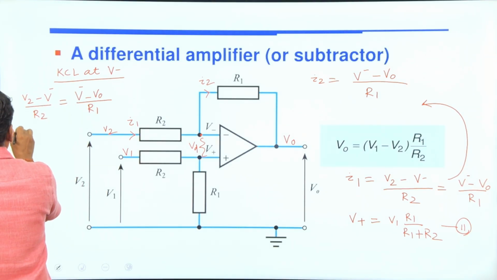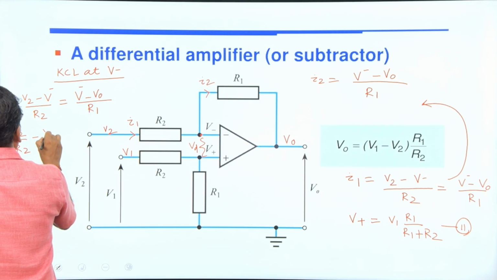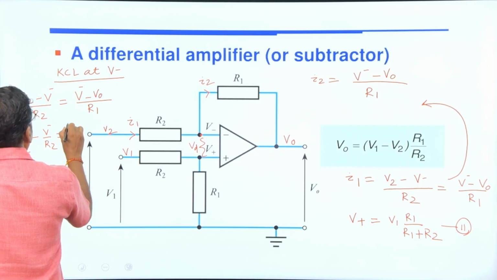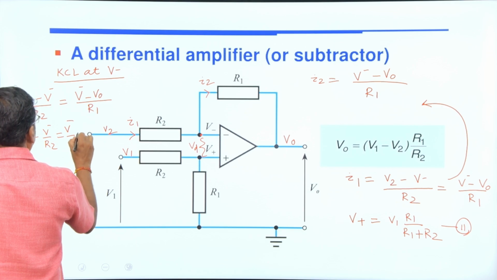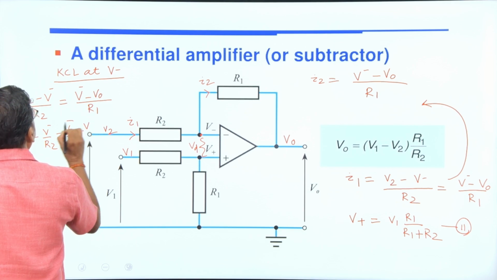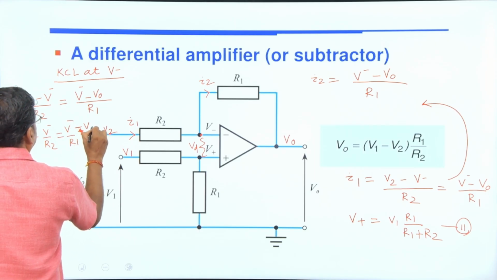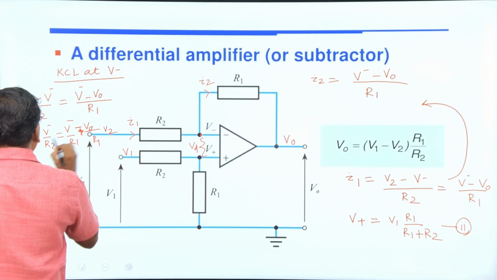Separating here: V2 by R2 minus V minus by R2 equals V minus by R1 plus V minus by R1 minus V0 by R1.